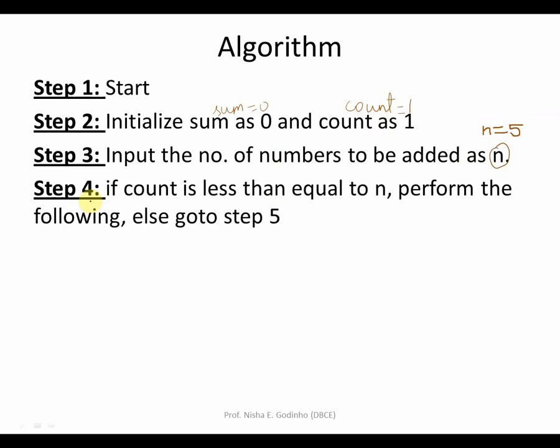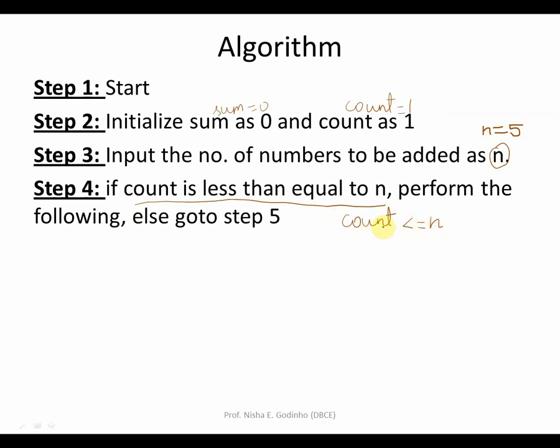The next step is: if count is less than or equal to n, perform the following, else go to step 5. Now, this condition is very important: count is less than or equal to n. I'll write this condition down over here.